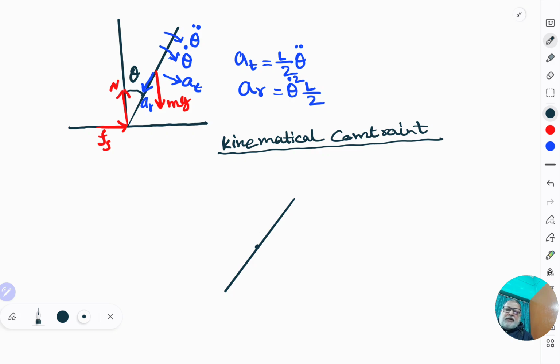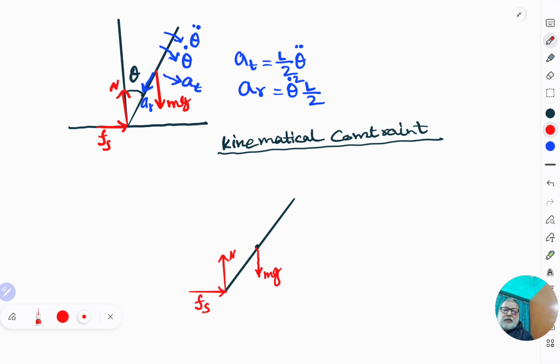The center of mass has twofold acceleration, AT and AR. So now in my system, besides the real forces, well, the real forces are mg, the normal reaction, and the static force of friction.